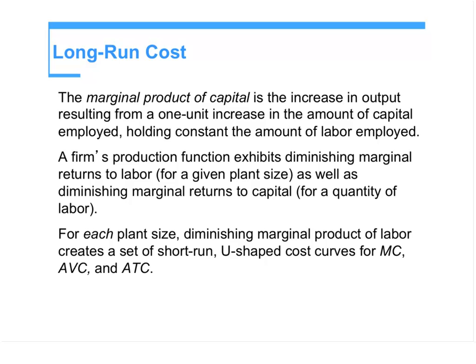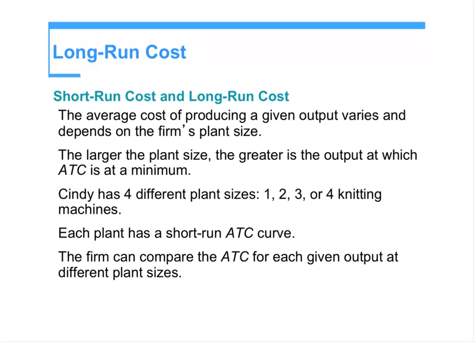For each plant size, diminishing marginal product of labor creates a set of short-run U-shaped cost curves for marginal cost, average cost, and average total cost. Short-run cost and long-run cost. The average cost of producing a given output varies and depends on the firm's plant size. The larger the plant size, the greater the output at which the average total cost is minimal.